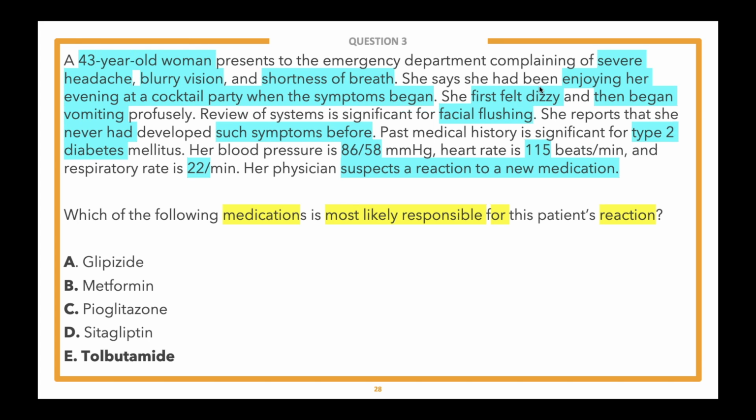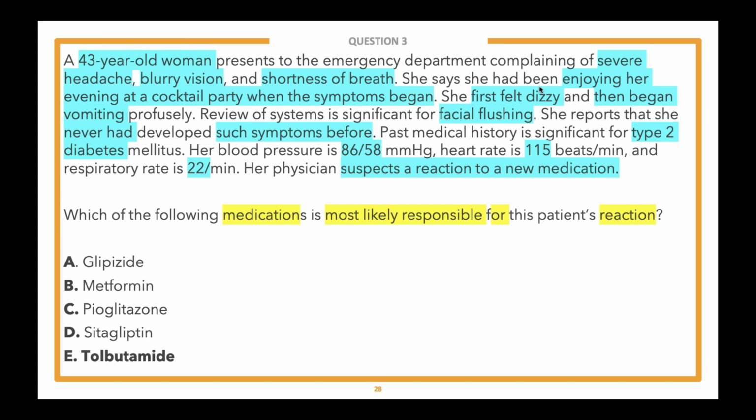Sitagliptin, or DPP-4 inhibitors, are generally well tolerated and not associated with that kind of reaction. Pioglitazone can cause weight gain, hepatotoxicity, and issues in patients with heart failure, but is not associated with the disulfiram-like reaction. Metformin, we talked about in the first question, is more associated with lactic acidosis. And glipizide, which is a second-generation sulfonylurea, is at risk for weight gain and hypoglycemia. Also important to differentiate hypoglycemia from this reaction, which started after enjoying a night out.